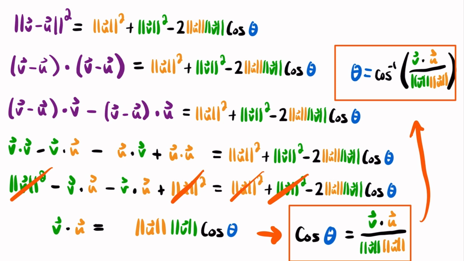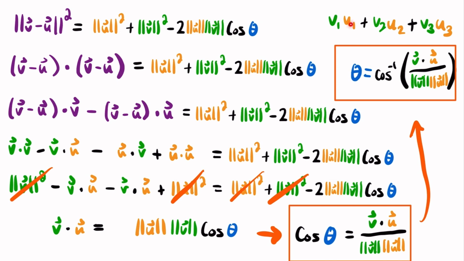Right, so if you wanted to find the dot product between two vectors whose components you don't know, but you do know their magnitude and the angle between them, this is a way that you could find that dot product. Okay, because remember, traditionally, the dot product is equal to the sum of the product of corresponding components. So you would have v1 times u1, and then you'd add that to v2 times u2. And if you had 3D vectors, then you would also add that to v3 times u3.